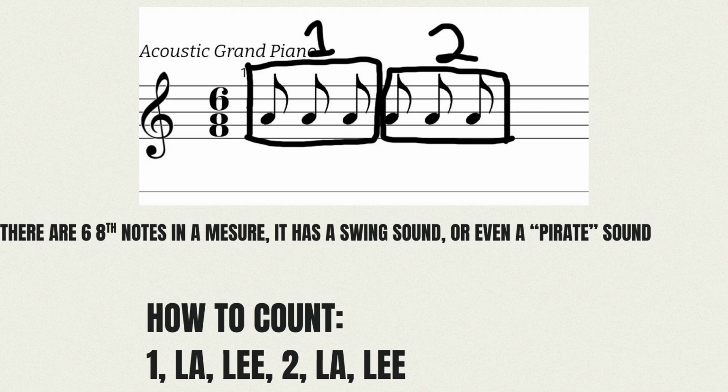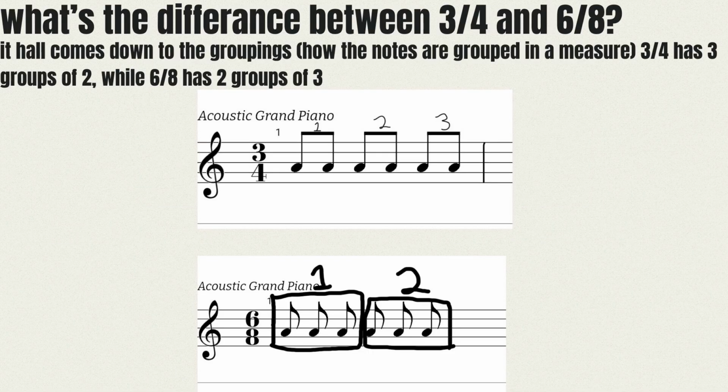You're probably thinking that's the same thing as 3/4, because if there are 3 quarter notes, there are 6 eighth notes. But see, in 3/4, the quarter note has the main beat, so the eighth notes are connected to the quarter note. In 6/8, it's not.